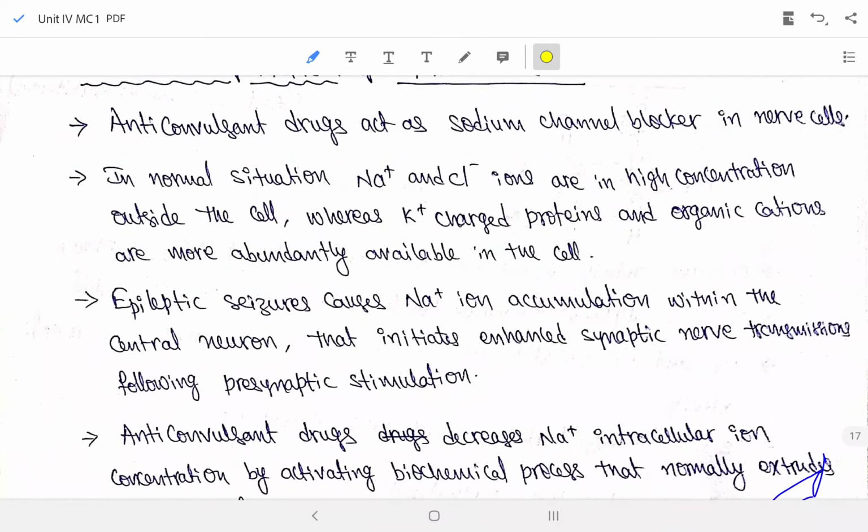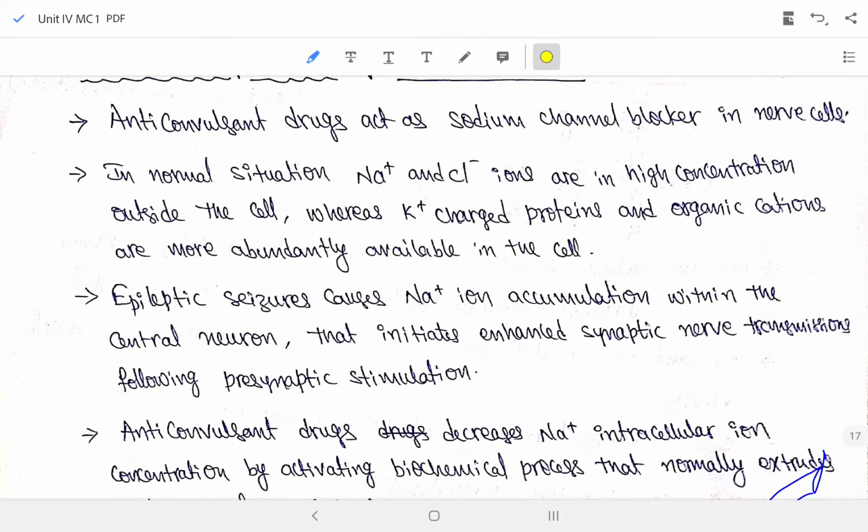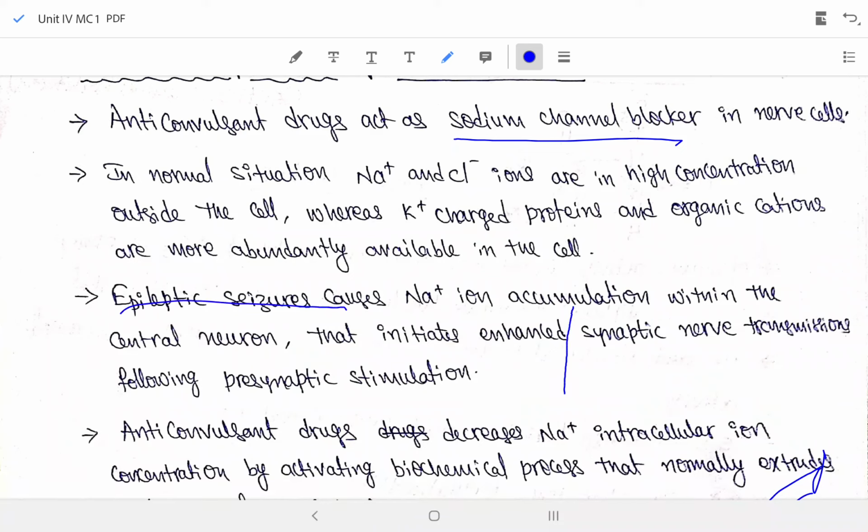Let me read the few sentences I have made for you. Anticonvulsant drugs act as sodium channel blockers in nerve cells. In the normal situation, sodium and chloride ions are in high concentration outside the cell, whereas potassium, charged proteins and organic cations are more abundantly available in the cell. So that means potassium inside, sodium outside. When seizures occur, they cause sodium ion accumulation within the central neuron.